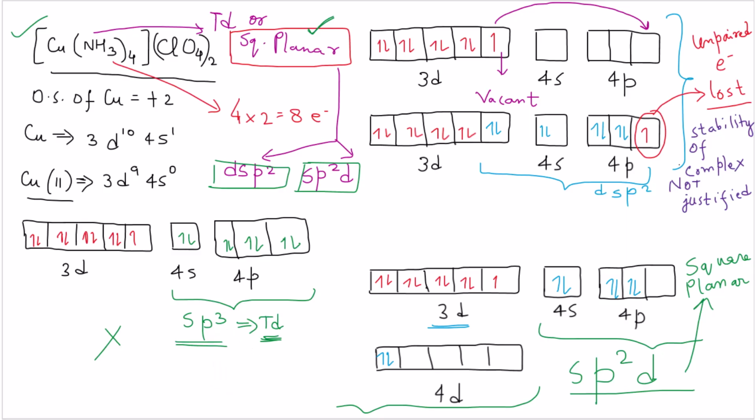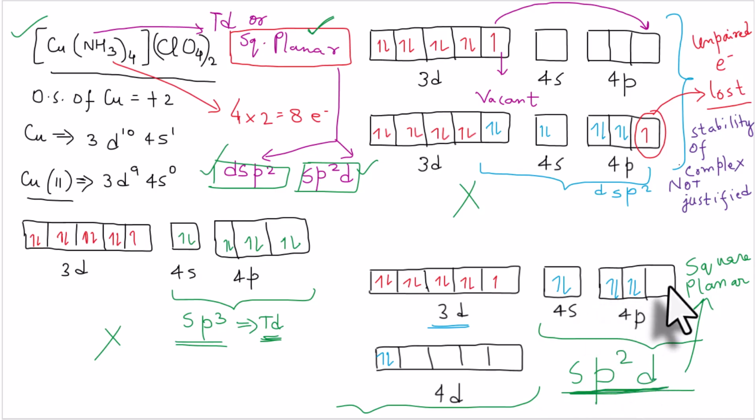Then scientists were left with 2 options. Square planar geometry gives rise to hybridization of dsp2, an inner orbital complex, or sp2d, an outer orbital complex. Initially dsp2 was tried, which was found to be unstable, so this theory was discarded. Then the scientists were left with only one option, the outer orbital complex, which arises from sp2d hybridization.